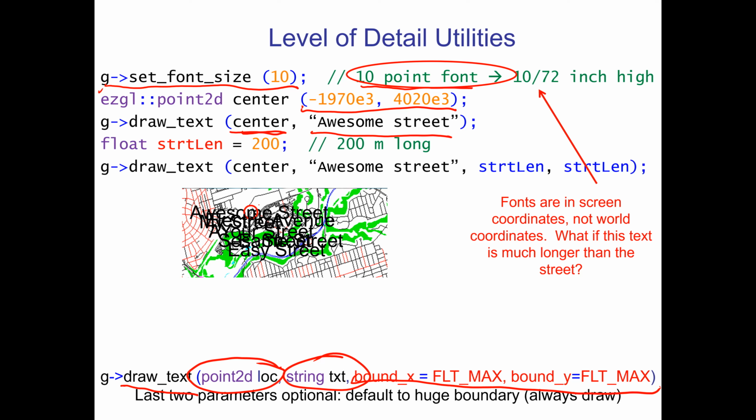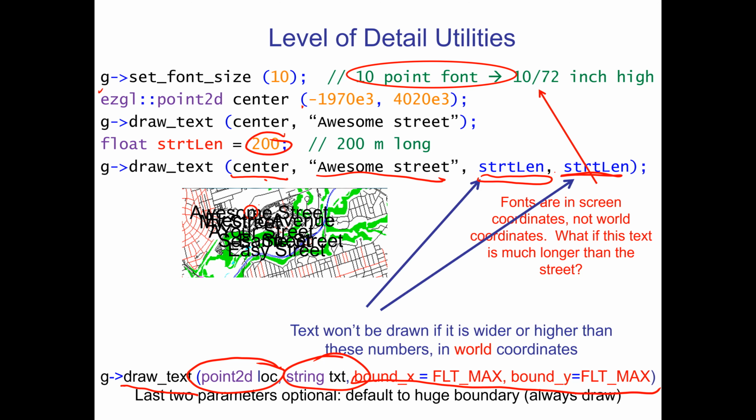Okay? So let's say, for example, that I know that this street is about 200 meters long. I computed that, or I know it, and my coordinate system is in meters. So I can say, I want to draw the name of the street, centered on the street, but only if it fits within a box that is 200 meters high and 200 meters wide. If it doesn't fit in that box, I don't want it to be shown.